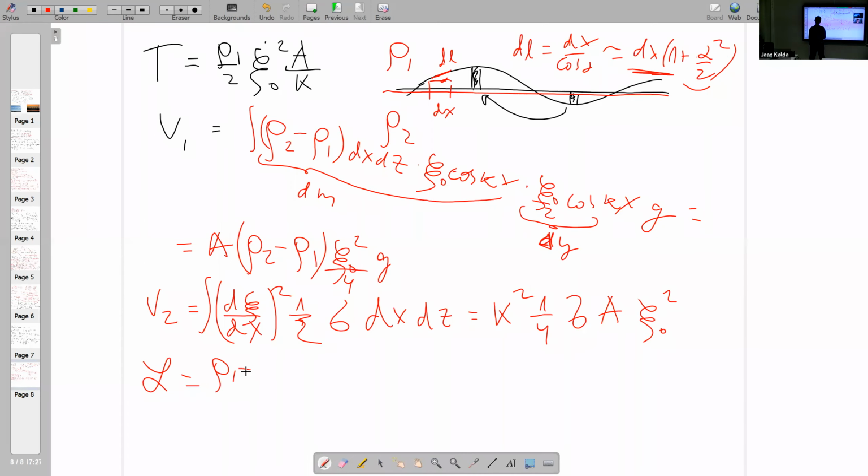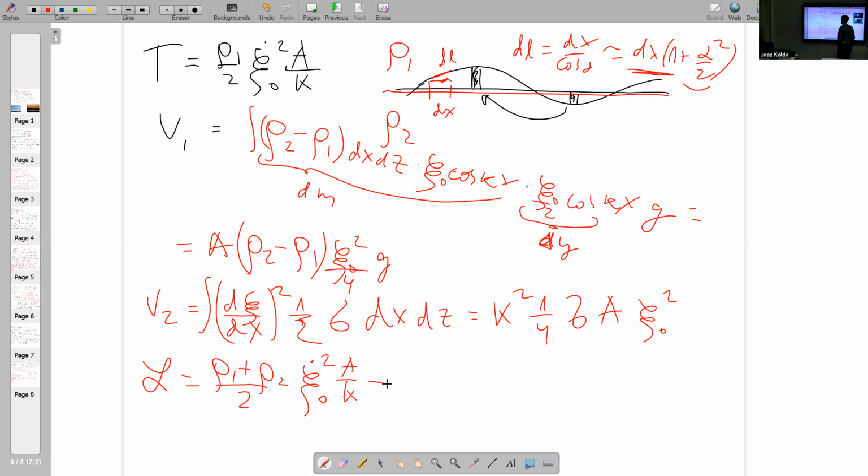Rho 1 plus rho 2 divided by 2, psi naught dot squared, A divided by k, minus potential.